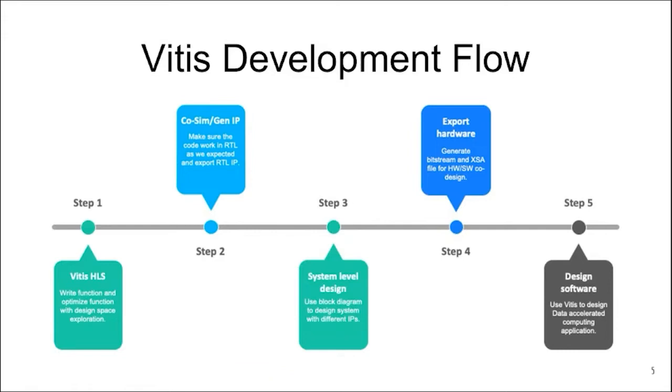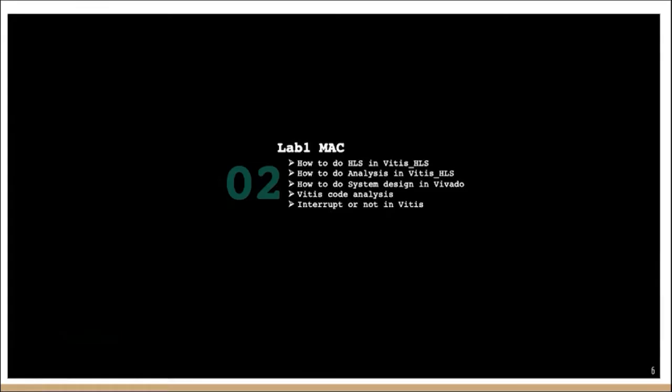And you can export your hardware platform information, which is an XSA file. And you can read the XSA file in Vitis to develop your application. Okay, then we know how the entire flow works now.